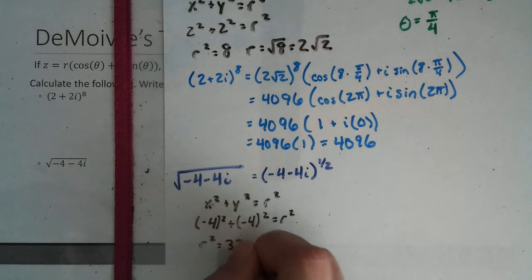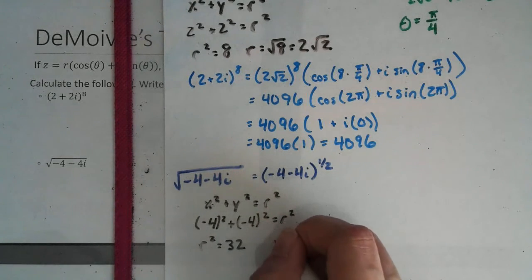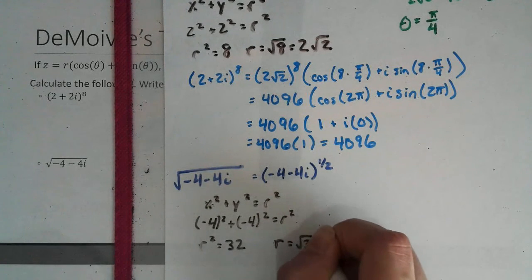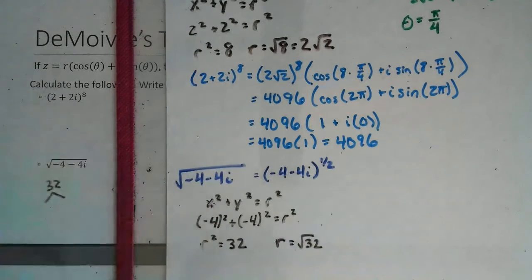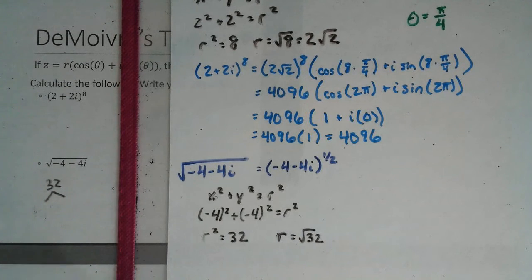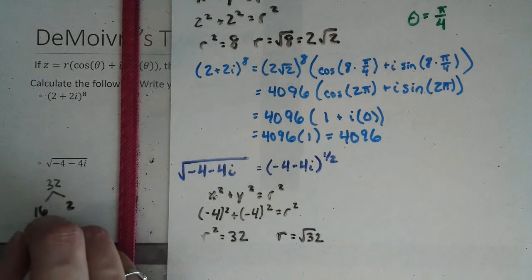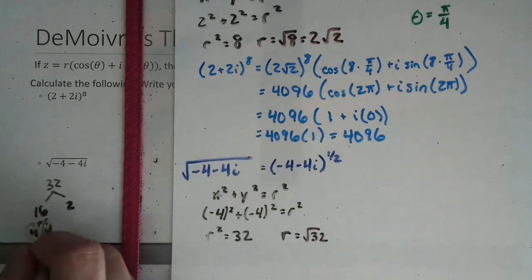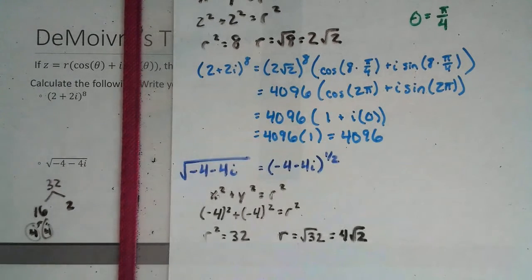So r squared is 32, so r will be the square root of 32, which I bet breaks down. 32 is 16 times 2. 16 is 4 times 4, and that's enough to where I have a pair of 4s, so they can come out front. The 2 doesn't pair up, so it stays underneath. So our r value is 4 times the square root of 2.